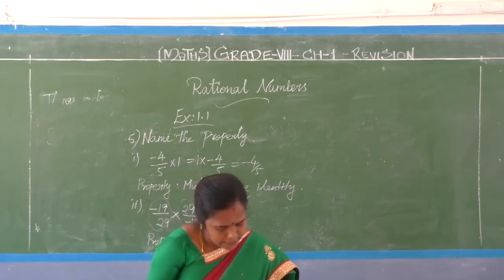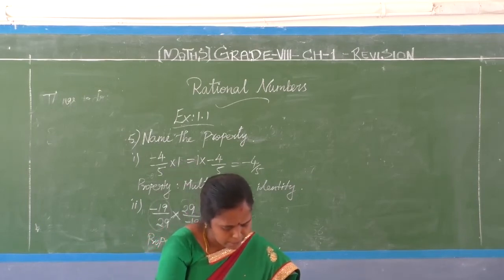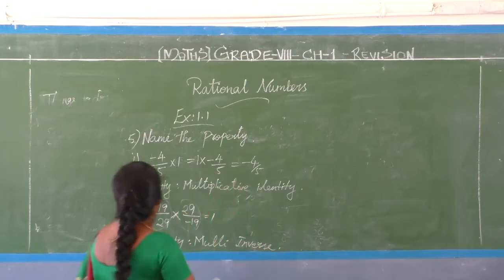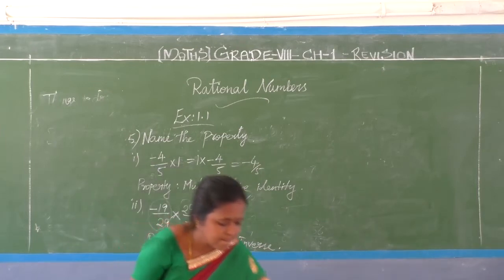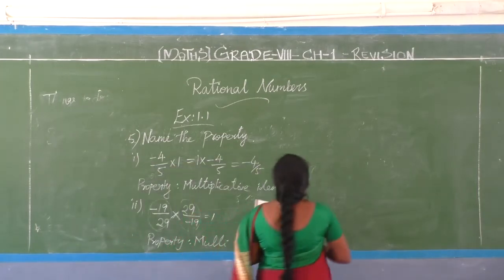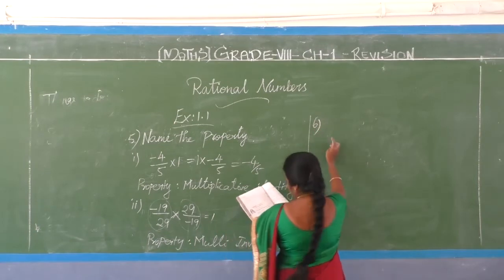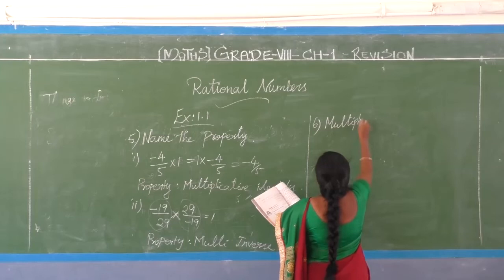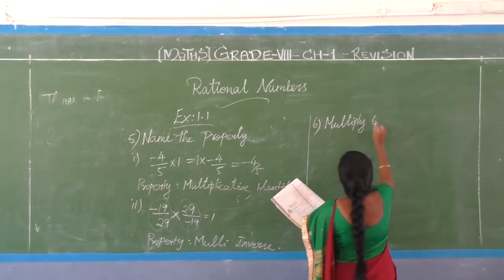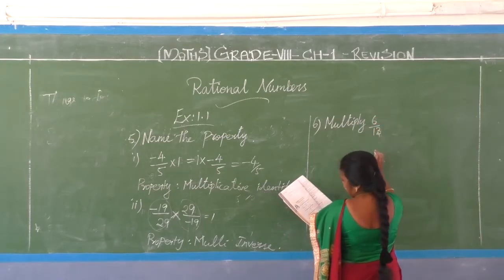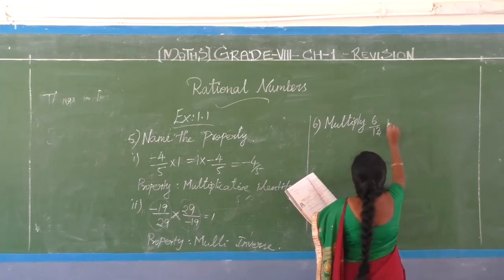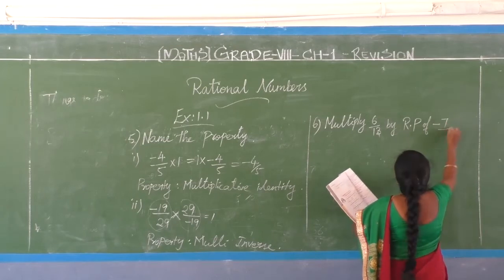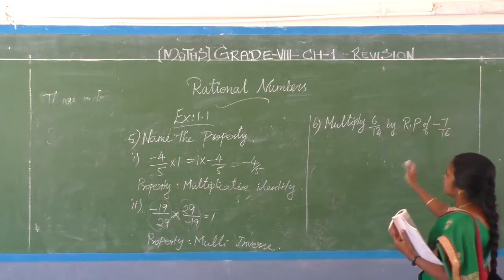Then, the sixth question. Multiply 6 by 13 by the reciprocal of minus 7 by 16. What is given here?